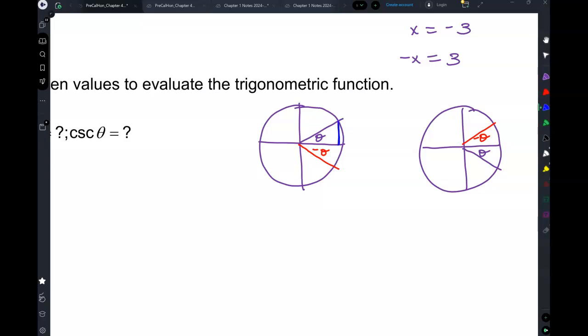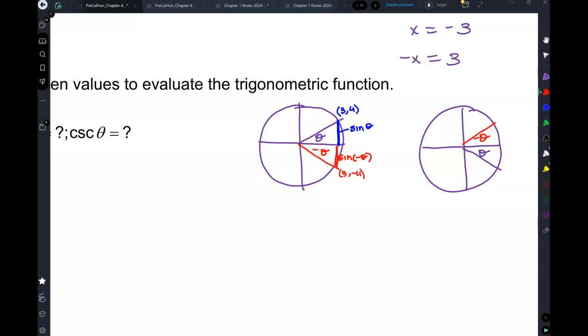When I make a triangle here, that vertical side is the sine of theta, correct? Suppose this is the point 3 comma 4. How much would the sine of theta be? 4. It's the y distance. So now in negative theta, what would sine of negative theta be?